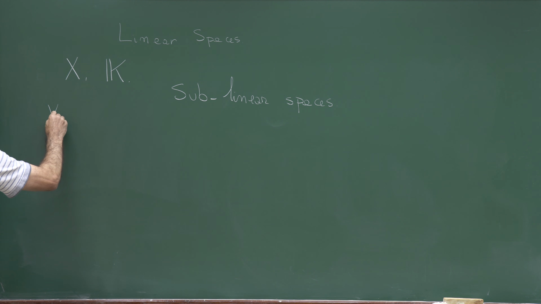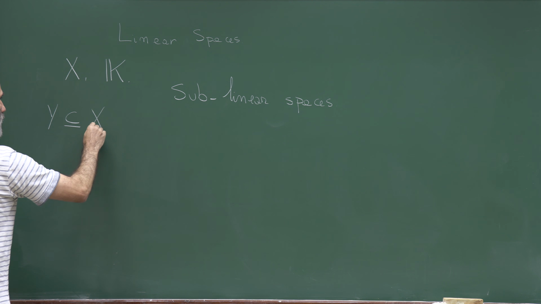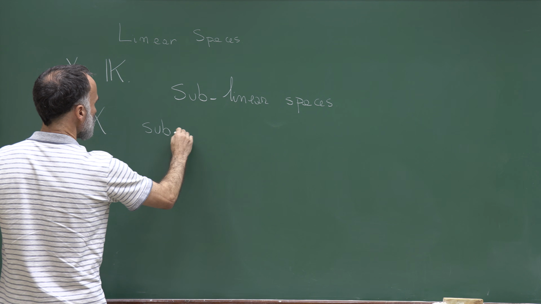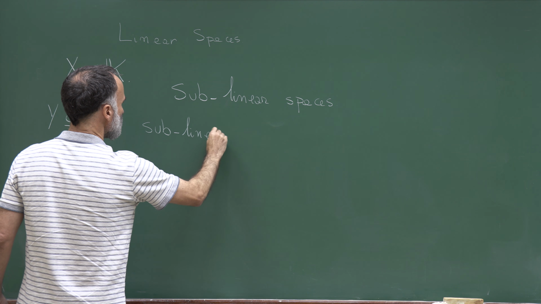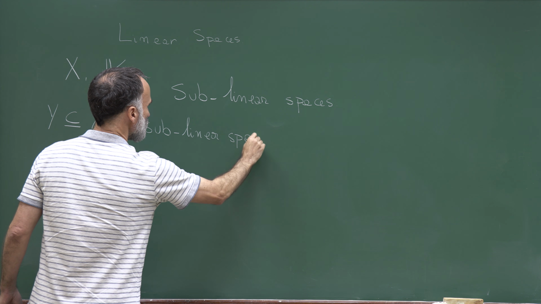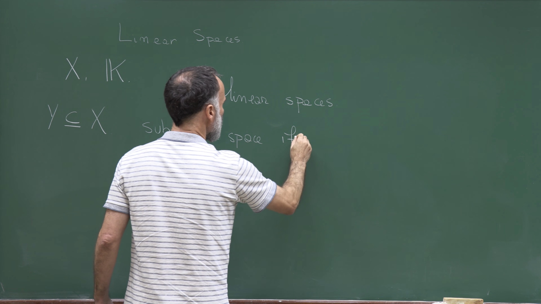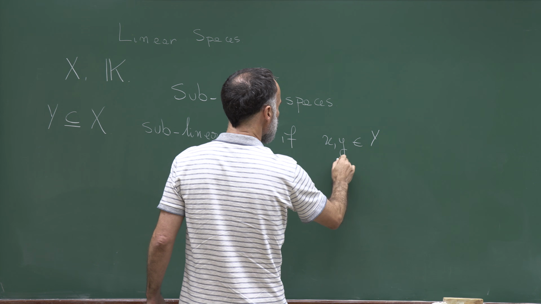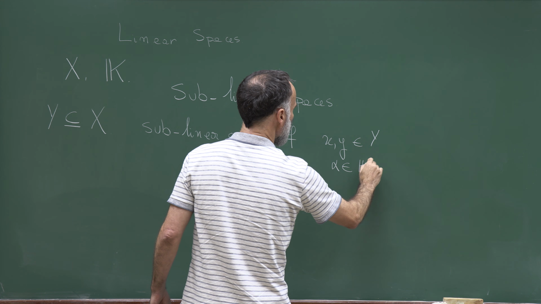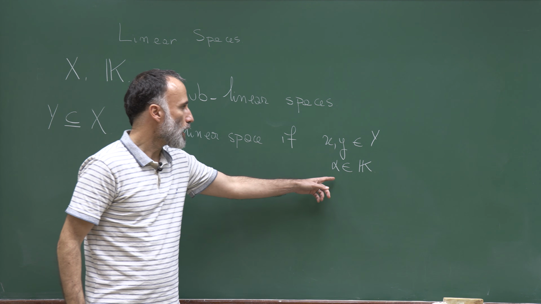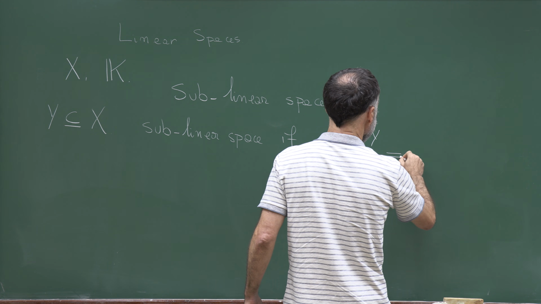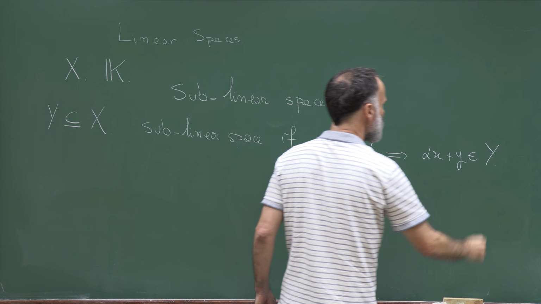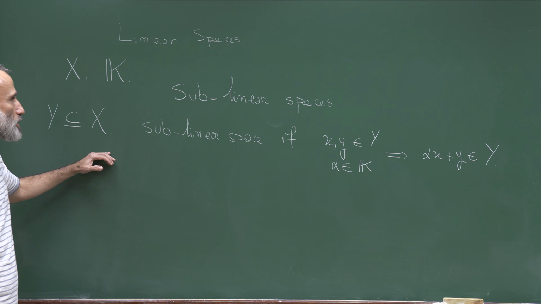So if I have a set Y, which is a subset of X, I will say that it's a sublinear space if, given two points x, y in Y, and given a scalar alpha in K, then alpha x plus y belongs to Y. So this is the definition of a sublinear space.